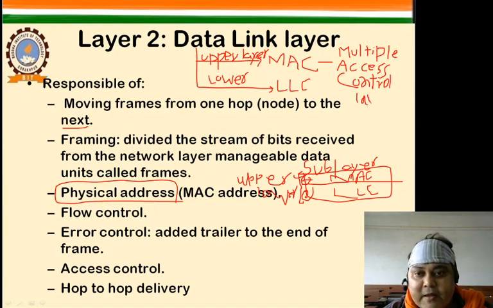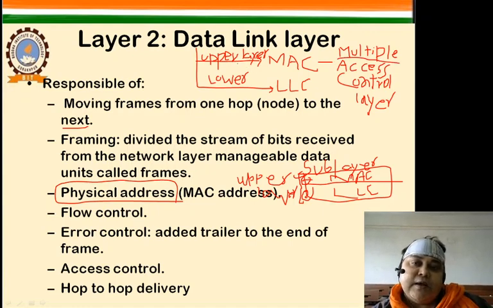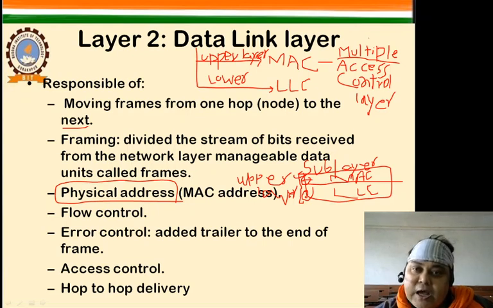So MAC is the abbreviation of multiple access control layer. If you see it in other books, this is also called the medium access control layer. So it has another name, that name is medium access control layer.